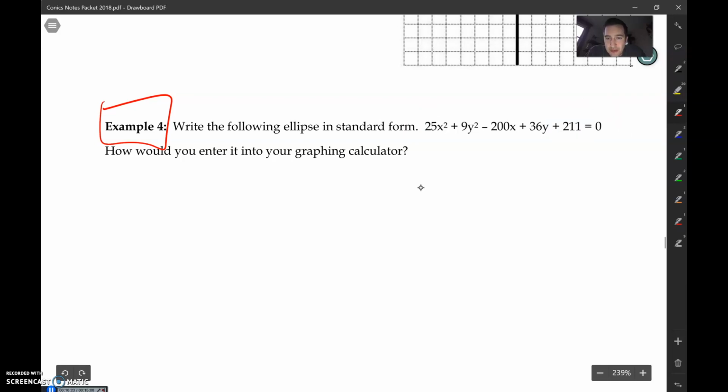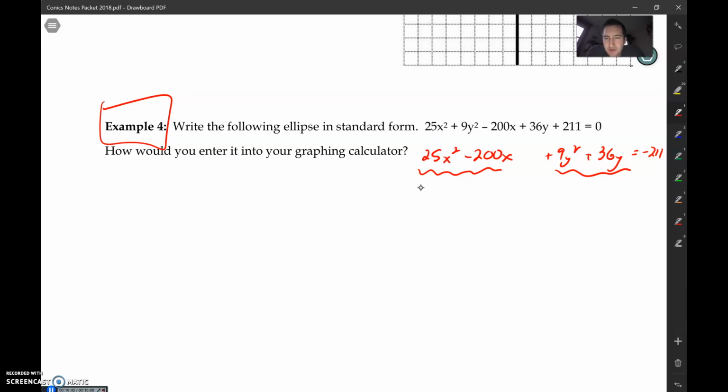Then I would group your x terms together, 25x squared minus 200x, and your 9y squared plus 36y, equals negative 211. So that when you do your completing the square, there's your x's, there's your y's. And then Mama G is going to show you how to take care of these numbers in the front, the 25 and the 9. But I strongly encourage you to watch that video.